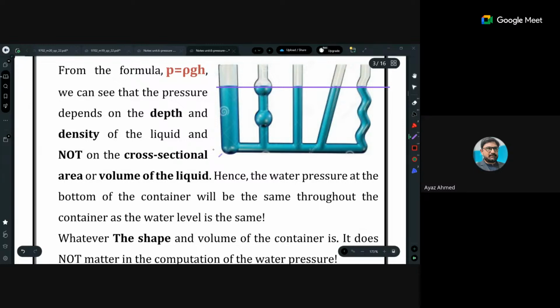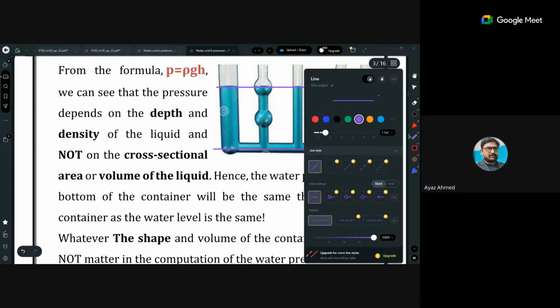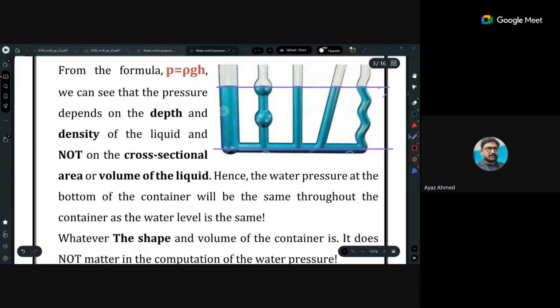This is remarkably important: the height of the column, from bottom to top, whatever their shape or size is. Most of the time students are just confused.